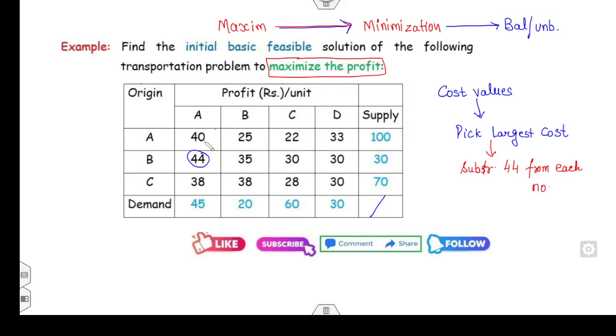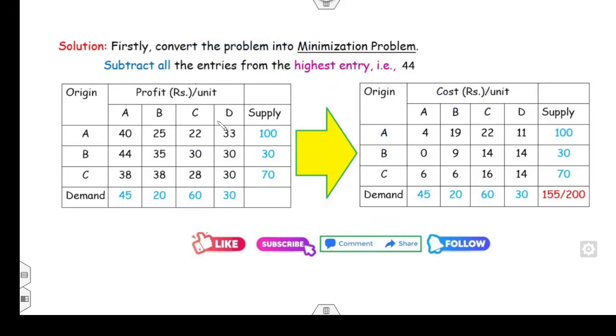Like this number is 44 minus 44, 44 minus 38, 44 minus 35, 44 minus 28, 25, and so on. Once you subtract them, you can see the first number becomes 4. 44 minus 25 is 19 and so on.